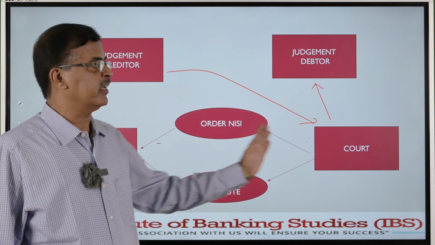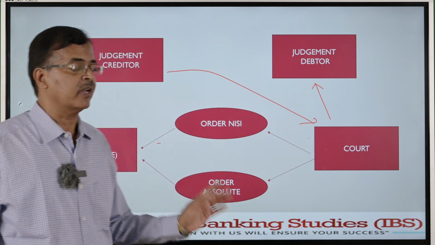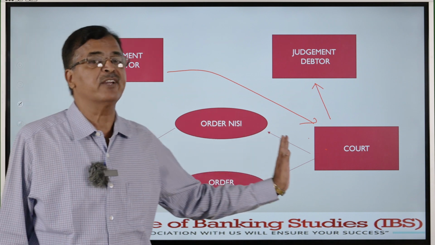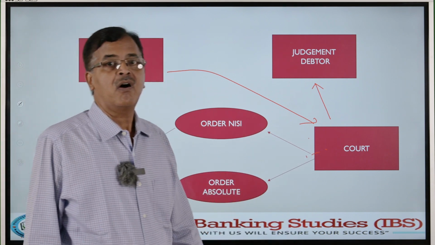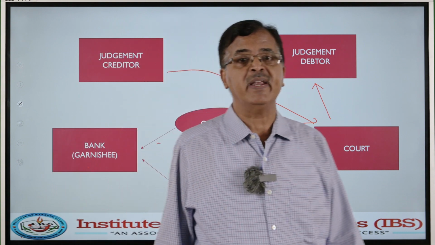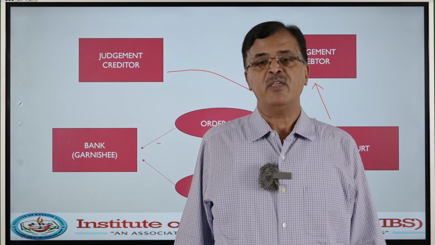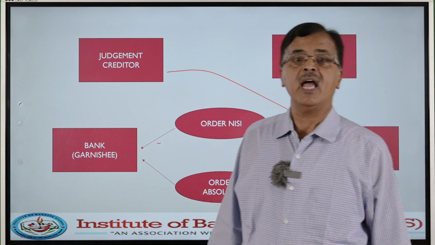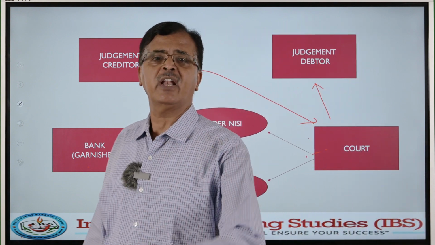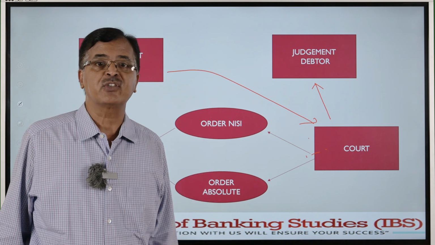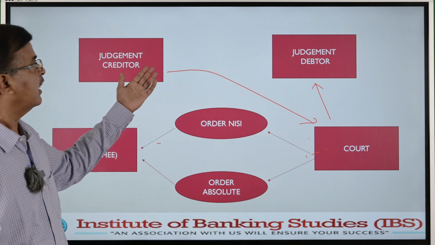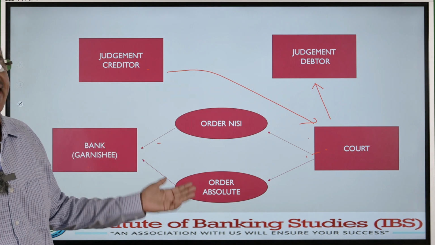Immediately after getting a reply from the bank, the court will issue a final order on the bank where the debtor is maintaining an account. The final order is known as order absolute. In the final order, the court will give a clear direction to attach the funds of the debtor after adjusting the amount due to the bank.